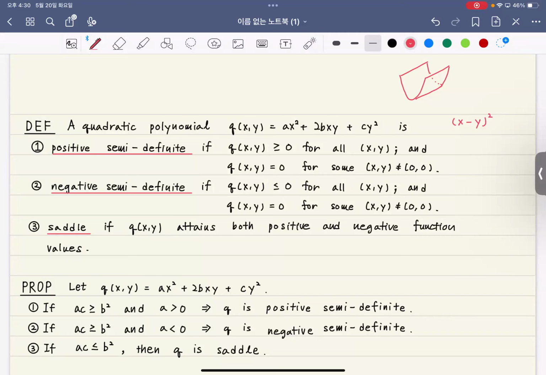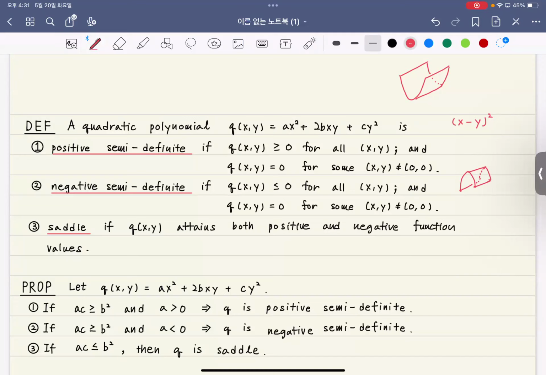A quadratic polynomial is negative semi-definite if the function value is always less than or equal to 0, and if you can find some non-trivial x and y that makes the function value equal 0. The typical graph of a negative semi-definite polynomial will look like that. I guess you get the point.